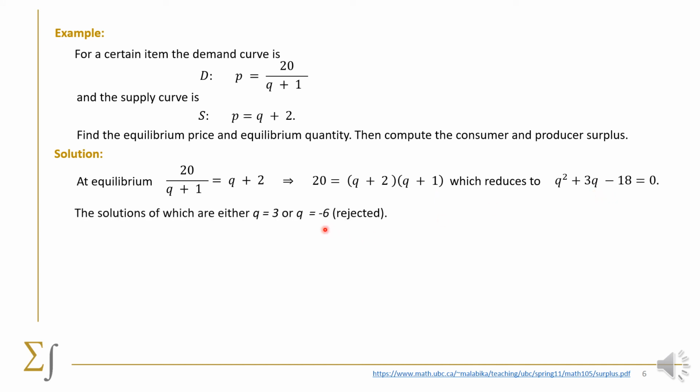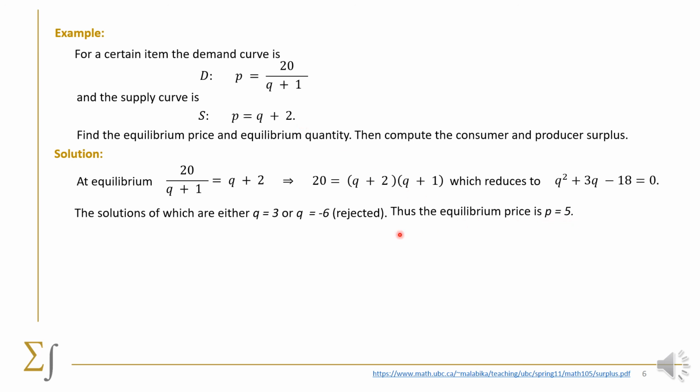We reject any negative values because this is a quantity and the quantity cannot be negative. Then we take Q to be 3, and we get the equilibrium price by plugging into either equation. If you put Q equals 3, you will get the equilibrium price to be 5.